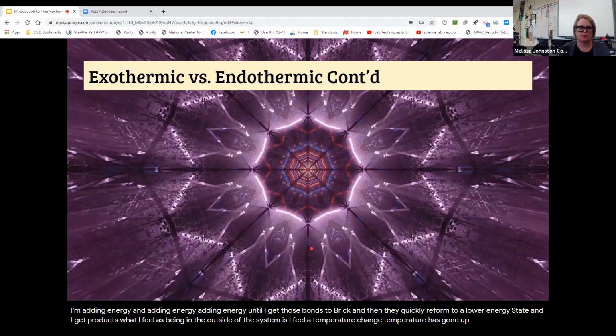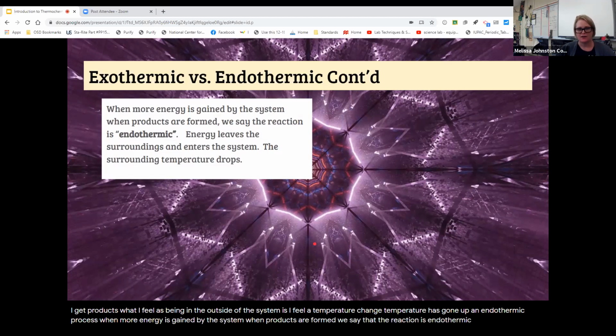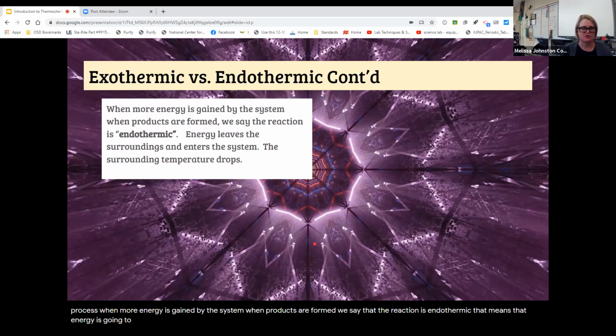Here's an endothermic process. When more energy is gained by the system when products are formed, we say that the reaction is endothermic. That means that energy is going to leave the surroundings and enter the system. So the surroundings temperature is going to decline.